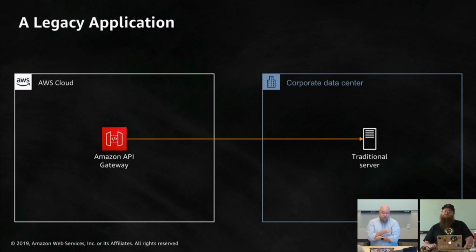What you're able to do is, on the AWS cloud, spin up an API gateway and have it point to our traditional server. And Bob, feel free to jump in at any time here, even if it's to say, "Hey, you're wrong." I'm okay with that.